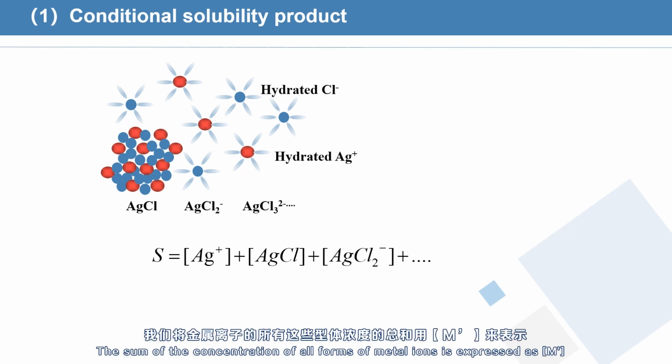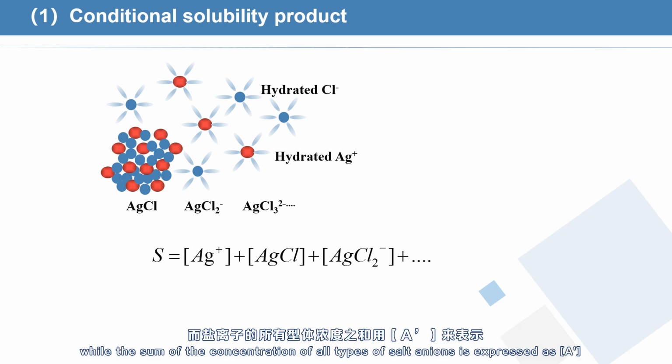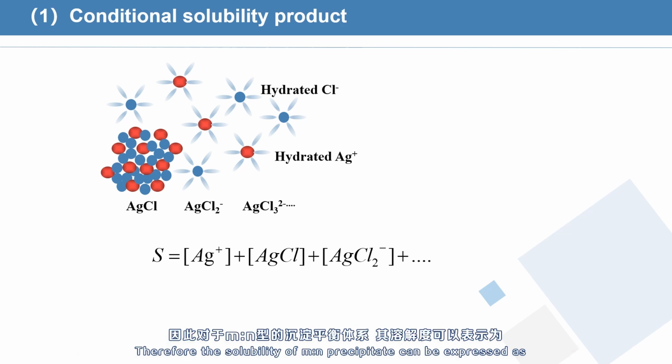The sum of the concentration of all forms of metal ions is expressed as M', while the sum of the concentration of all types of salt anions is expressed as A'. Therefore, the solubility of m/n precipitate can be expressed as.